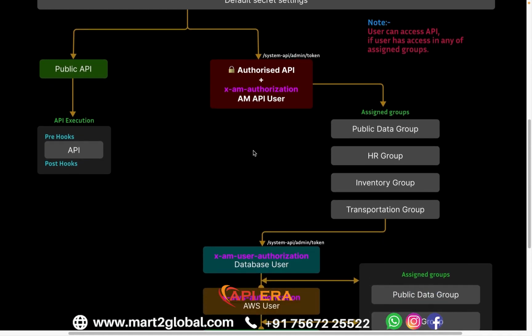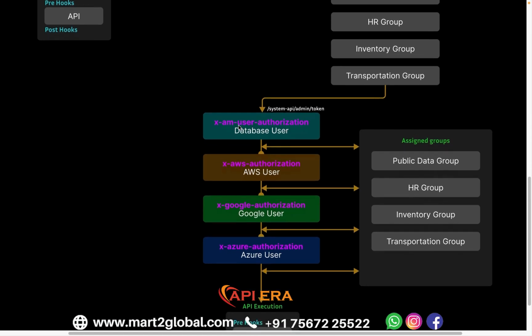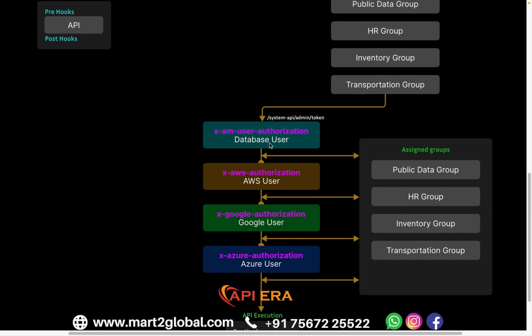Now with that, we can also provide other authorization. We can provide database level authorization, AWS user, Google user, and Azure user. And we can also provide all of them if we want. When database user authorization is provided, the XAM user authorization token is required. When this token is provided, we will open that token, and if we are able to open it, that means it is a valid token.